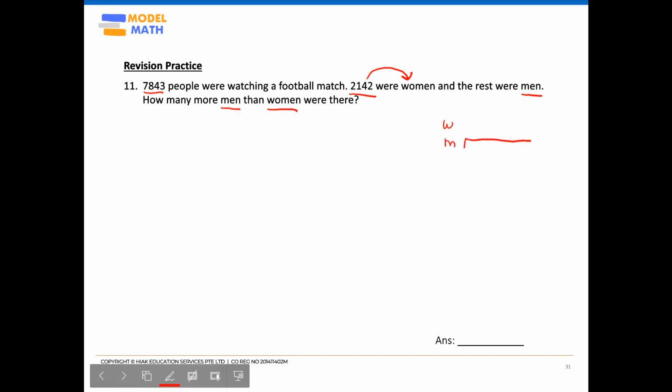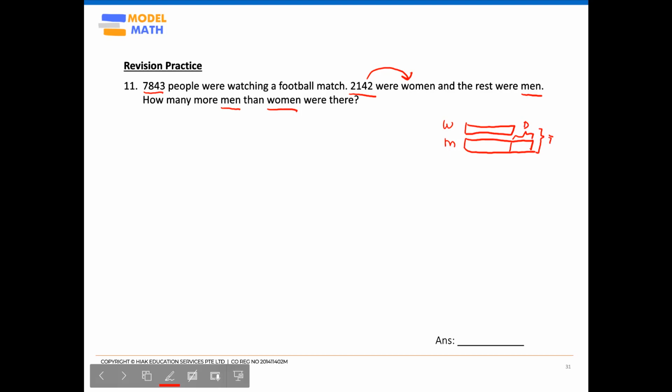Given that men is more than women, we can then label the difference, and you can label the total.